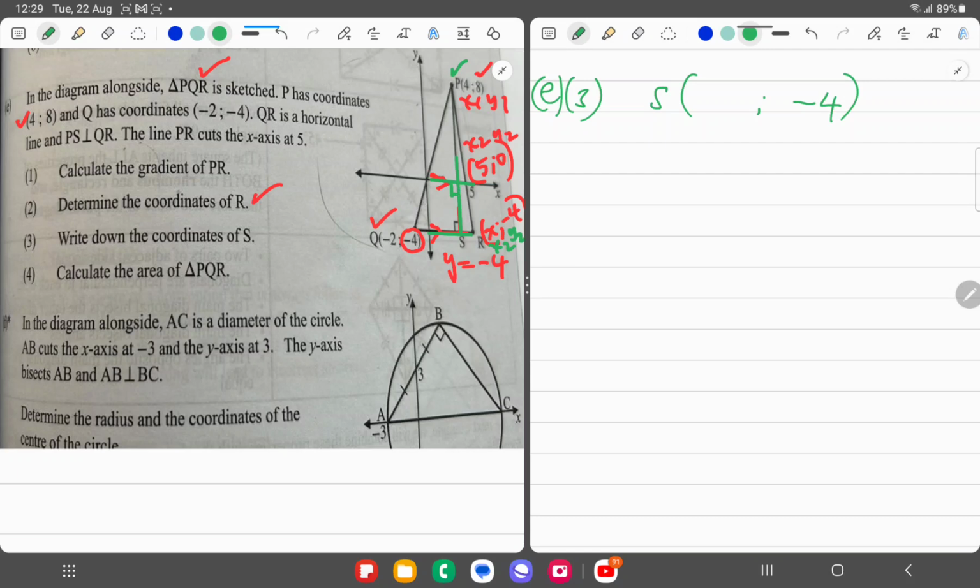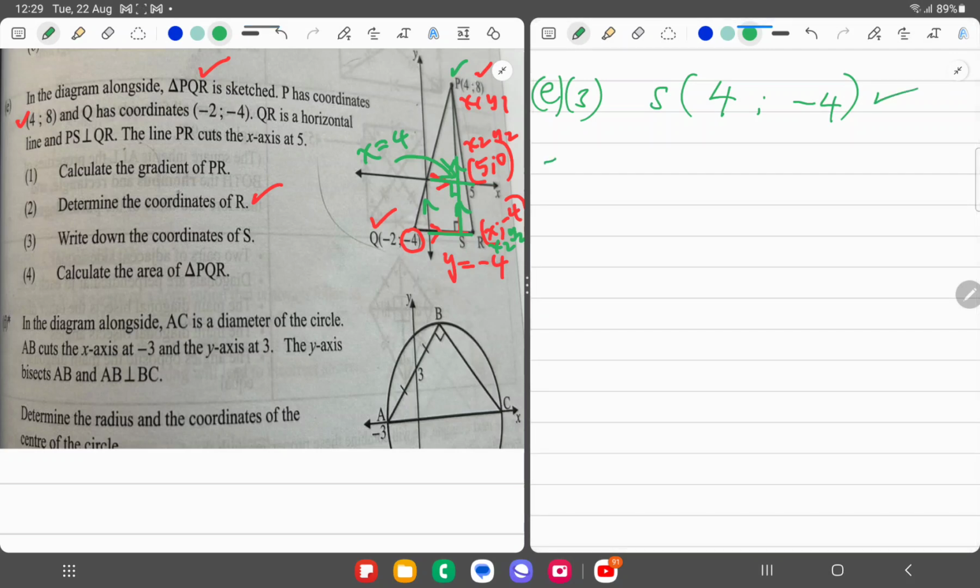Therefore this line is a vertical line that cuts the x-axis at x equals 4, so x is 4 all the way. So the coordinates of S are exactly (4, -4).